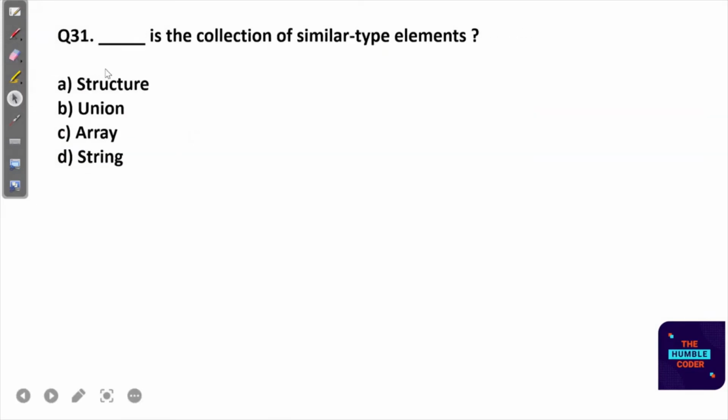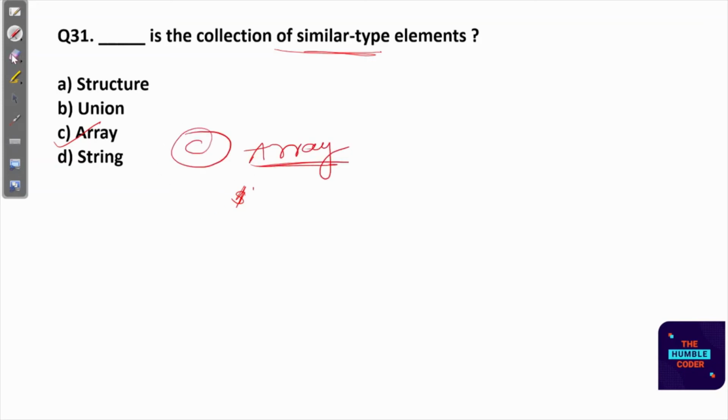The next question is, dash is the collection of similar data type elements. The four options are structure, union, array, string. So the correct answer for this is structure. So no, sorry, not structure, it's an array, because structure can have different types of elements, but array will definitely have similar type of elements. So the correct answer for this is option C.